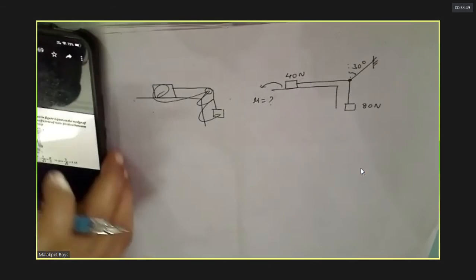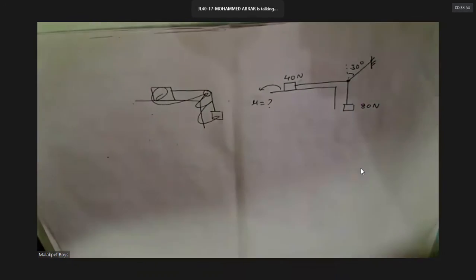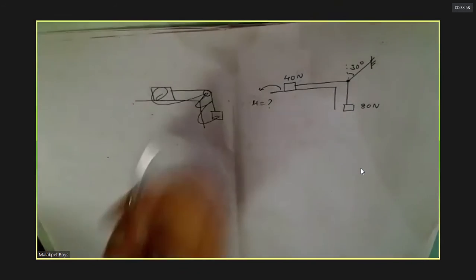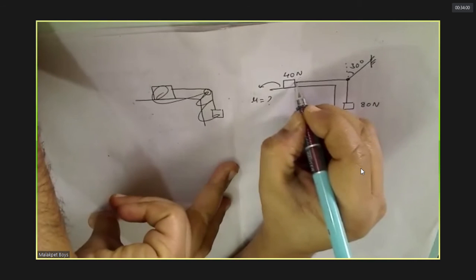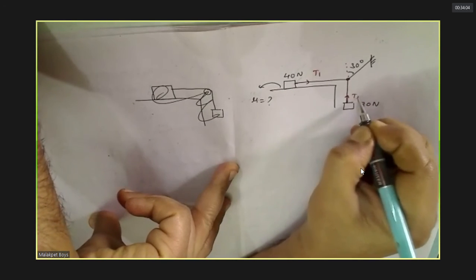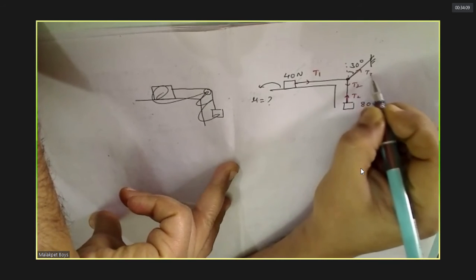What is there in this? Sir, I didn't understand what he did. Why do you look at that? This is one string now. This is T1, this is T2, this is T3.